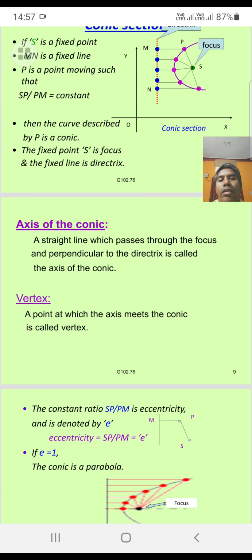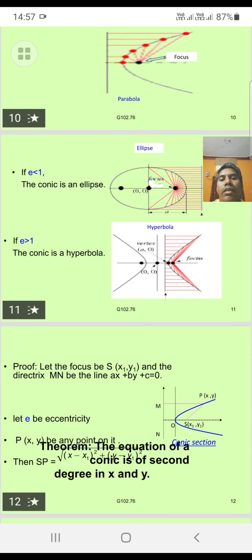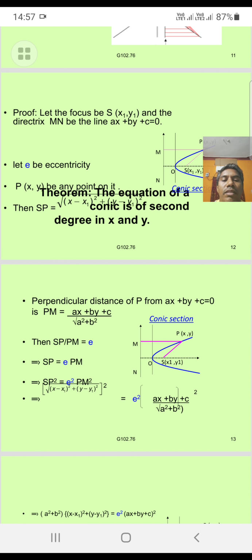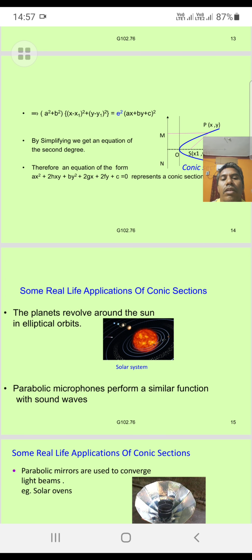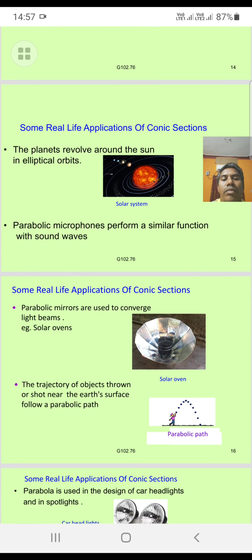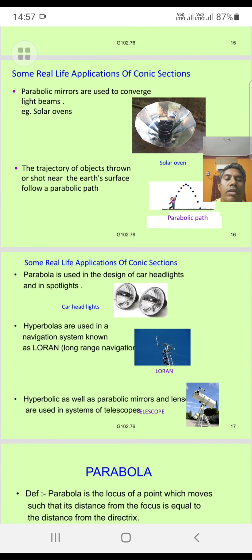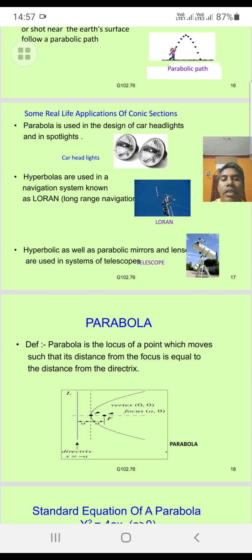So if you think about the concept of eccentricity, then you can easily understand how the equations are formed, how the diagrams are formed, and what the conditions are, and what points we are mentioning here, that is focus, vertex, tangent at vertex, or directrix.